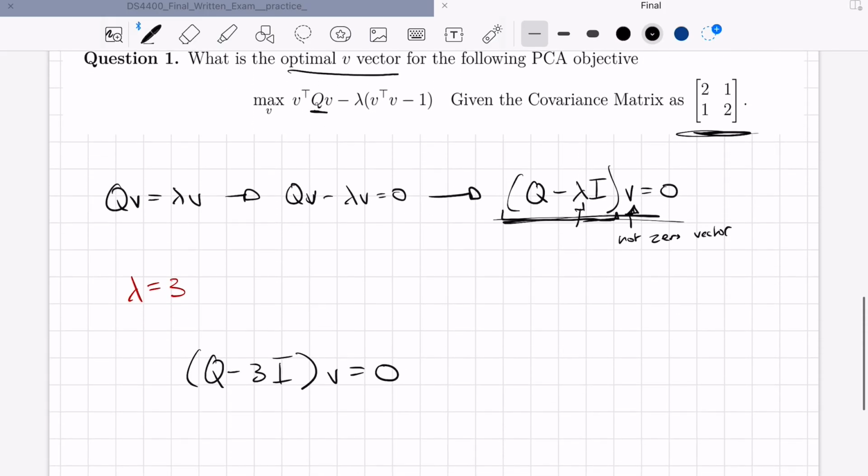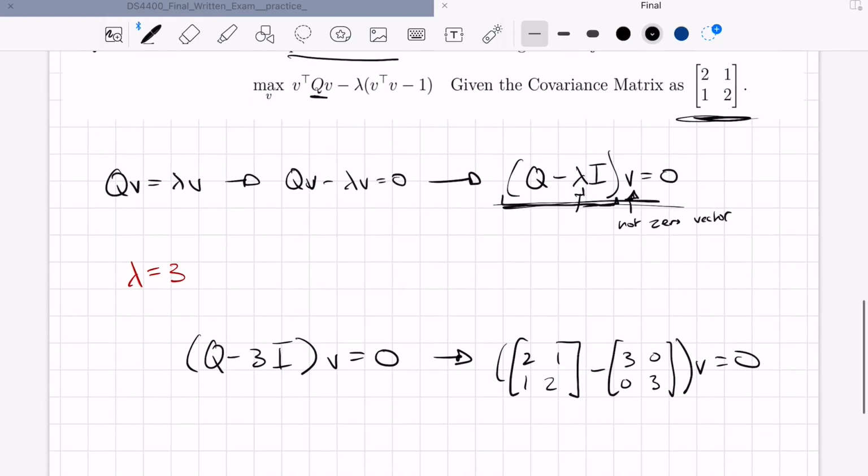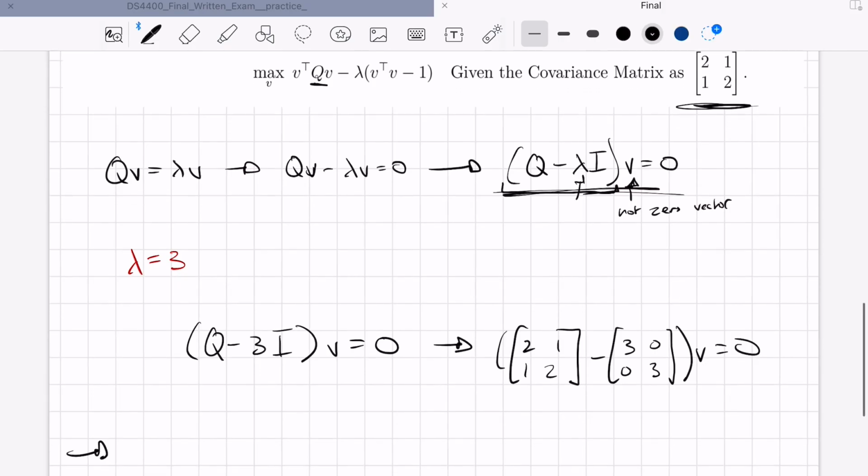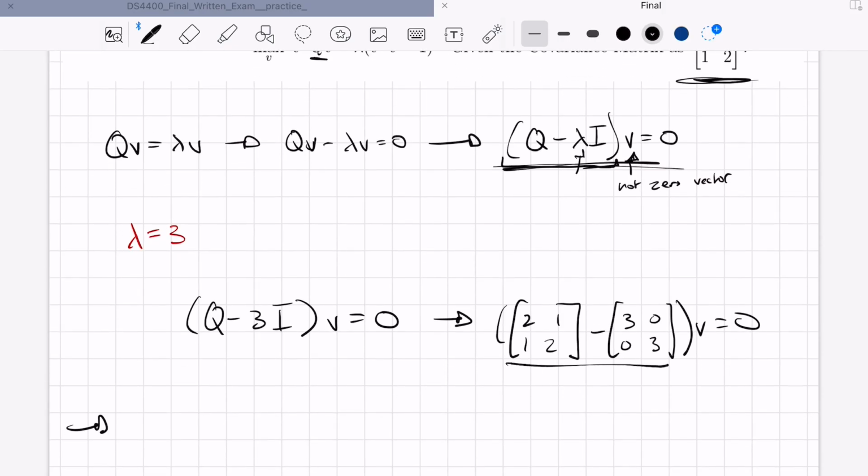Okay, so I've got to remember Q. So we have [2, 1; 1, 2] minus, I'm just going to skip a step, [3, 0; 0, 3], times v is equal to 0.